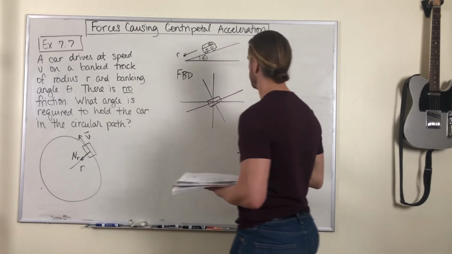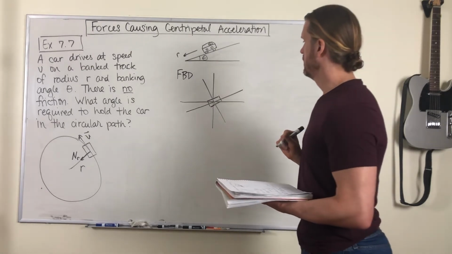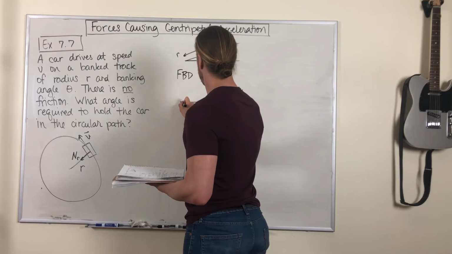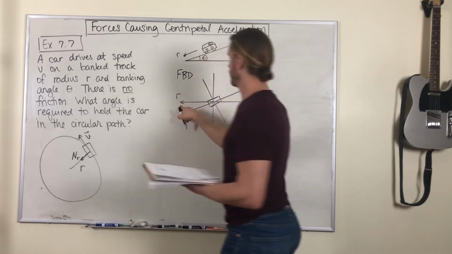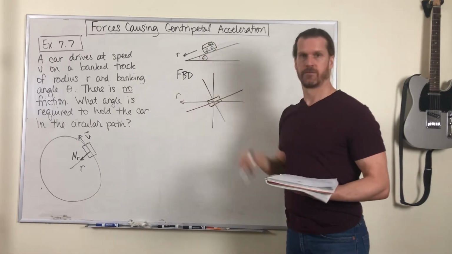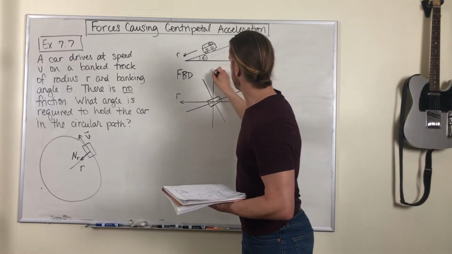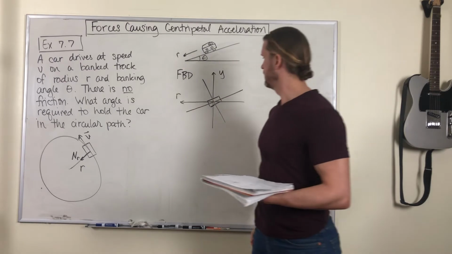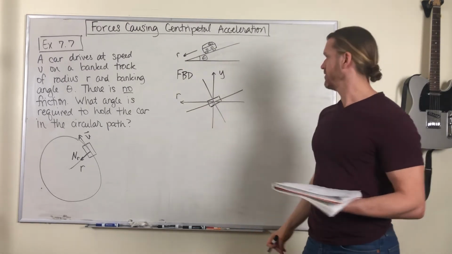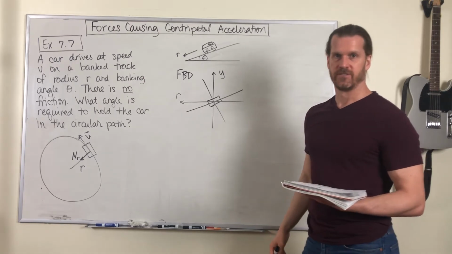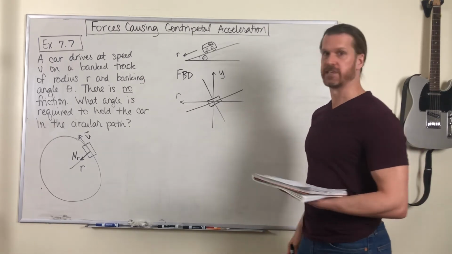Like that. Now, the radial direction toward the center of the circle is that way. And I'll label this as the y direction. And I don't know if I really want to label all the other directions on the axes. We don't really need to.